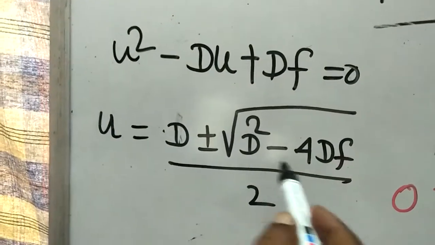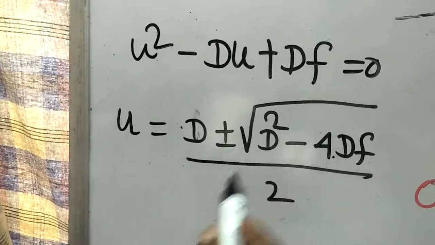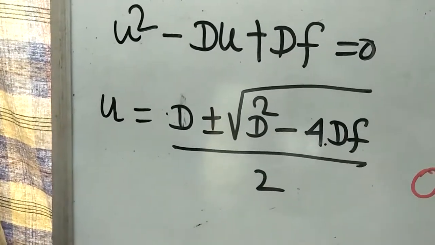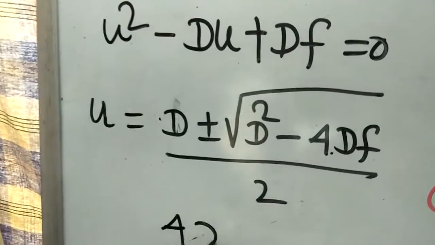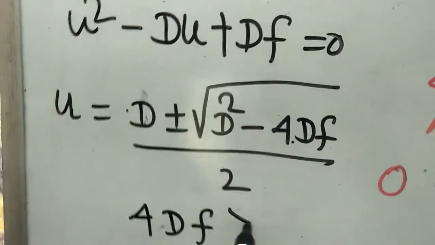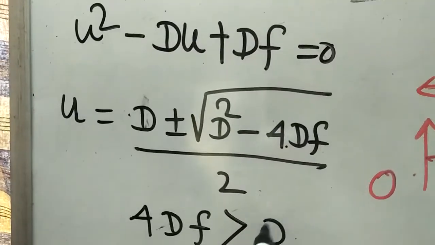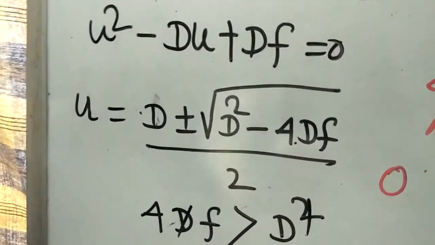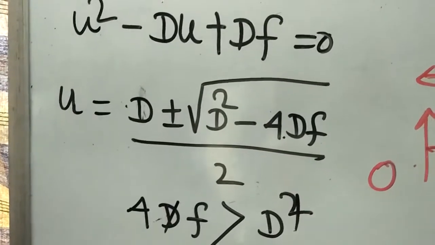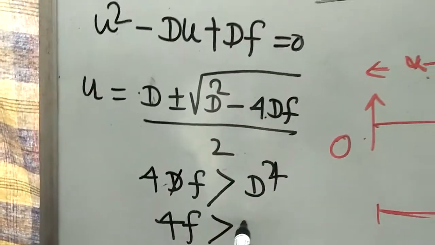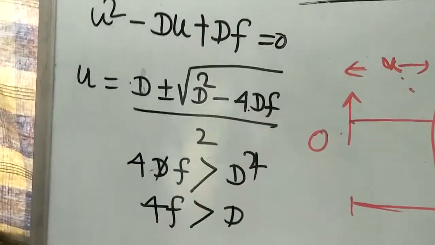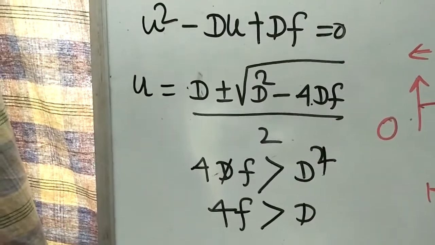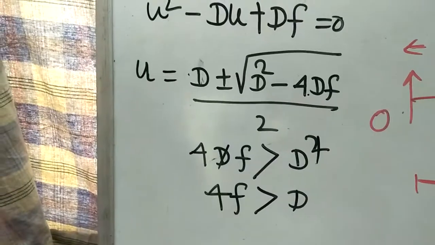So you see here, if 4Df is more than D², the value will be imaginary, which is not possible. So 4Df should not be greater than D². If D is less than 4f, the image will be imaginary, we will not get any image.